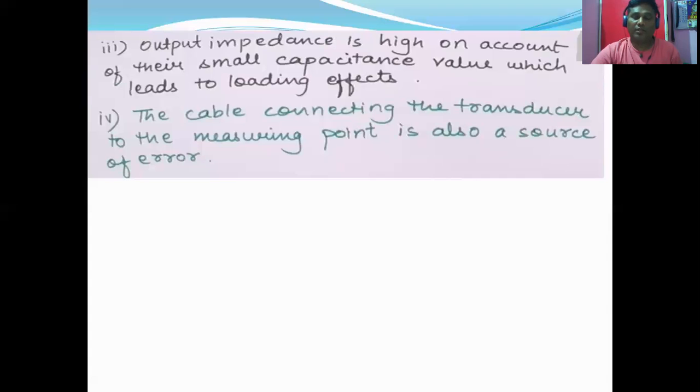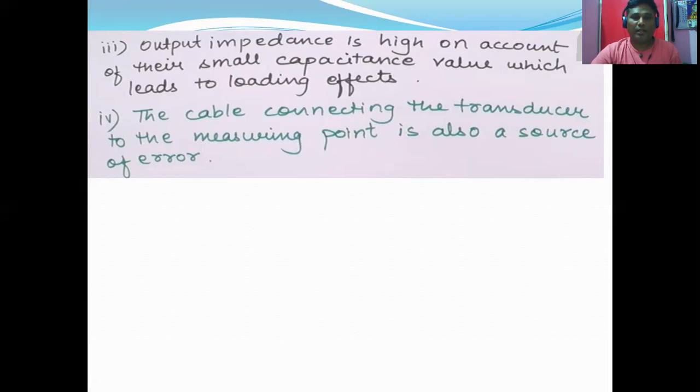Loading effect is high means the output of the product is not frequency-dependent. So the output impedance is high on account of their capacitance being small. Okay, then only it leads to the loading effect.